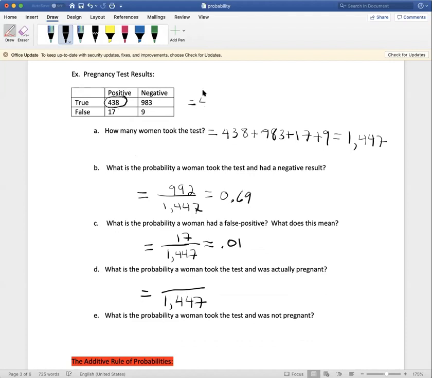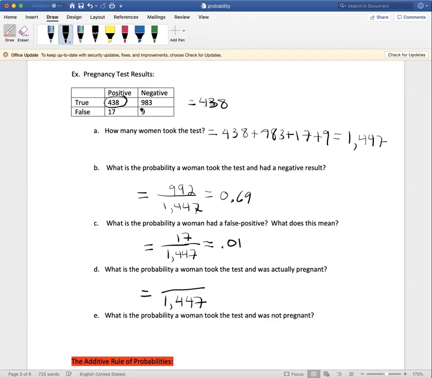Are there any other outcomes that are pregnant? Well, the true negatives are not pregnant, because it's a correct negative result. The false positives, the result came out positive, but it was incorrect, so they weren't really pregnant. Well, what about the false negatives?